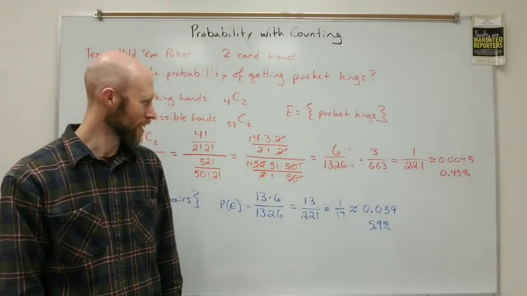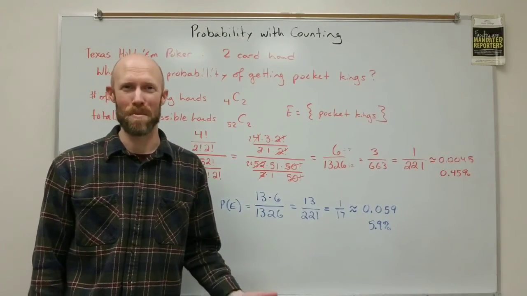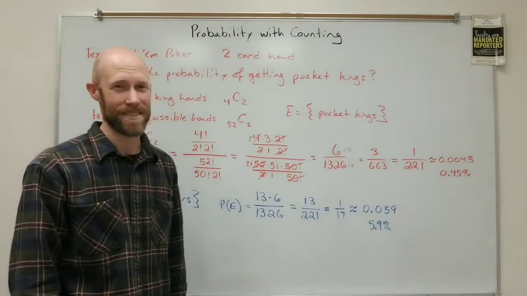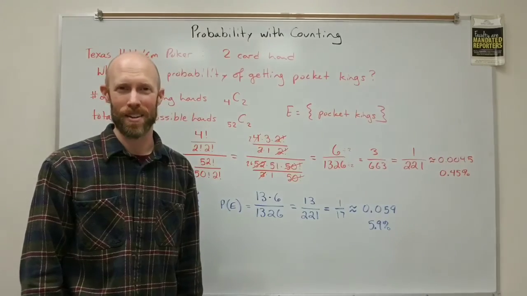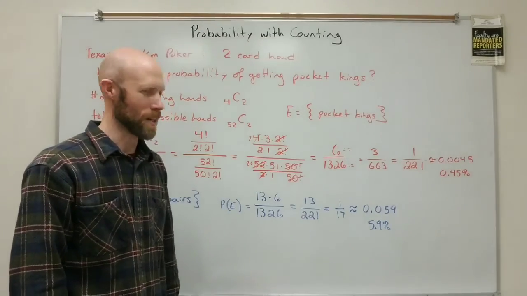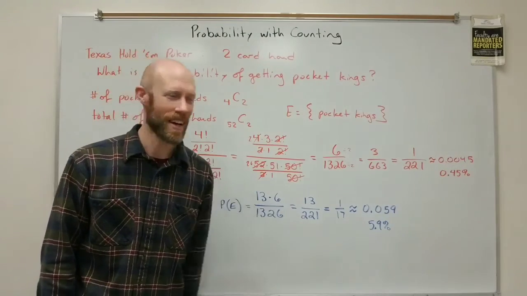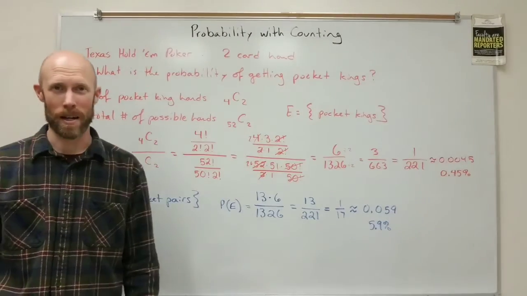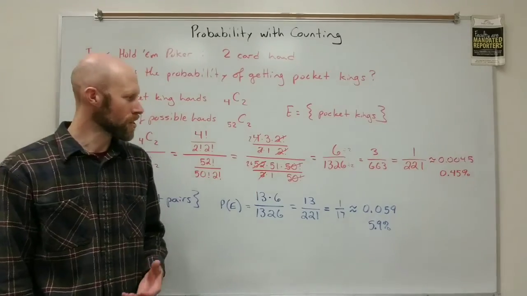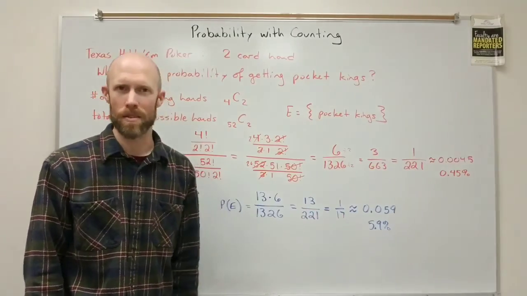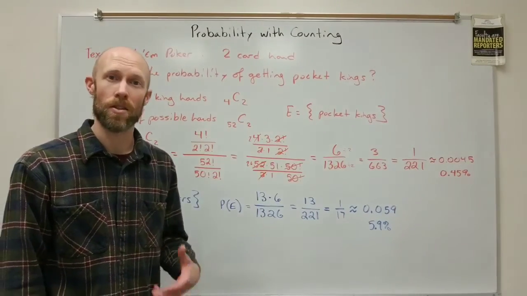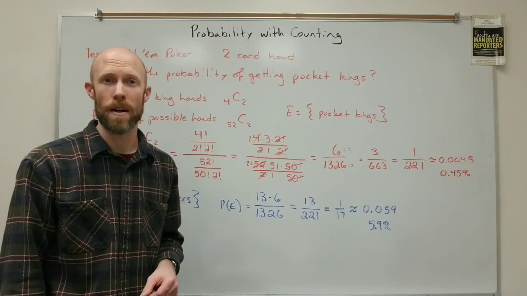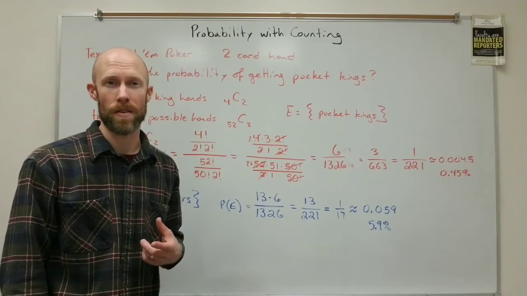I don't know why that is. I always blame it on not getting good hands, but I must lose money because I'm just not good at it. Anyway, 5.9% chance of getting a pocket pair on any given hand is about 1 in 17. So theoretically, you'd get 1 pocket pair out of every 17 hands.